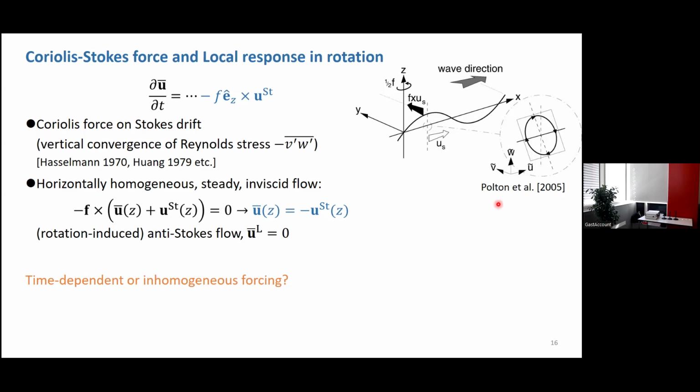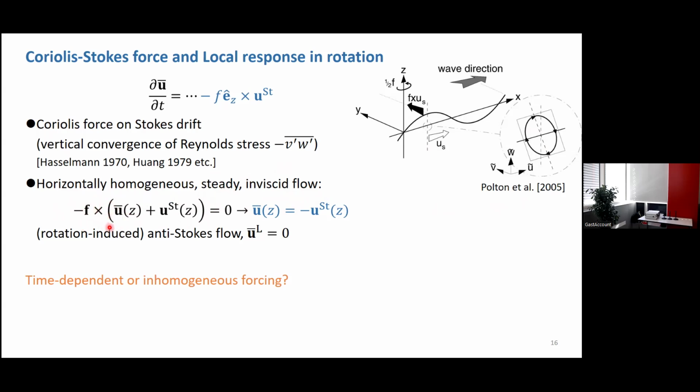The Eulerian velocity is forced. The easiest case we can think of is the horizontally homogeneous and steady implicit flow. So the force must be balanced by some force, and the only force that can occur is the Coriolis force acting on the Eulerian current.